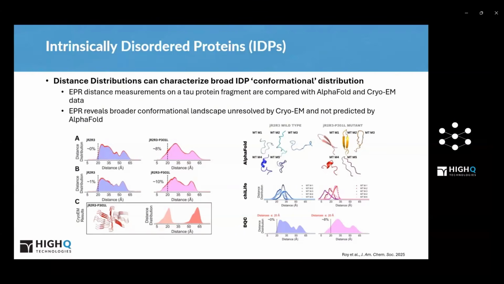So it's just another great example of how EPR can generally complement these existing structural methods to give you the full conformational ensemble, and it's also showing you that EPR is a really powerful tool for looking at IDPs that are very tough to pin down by other methods.